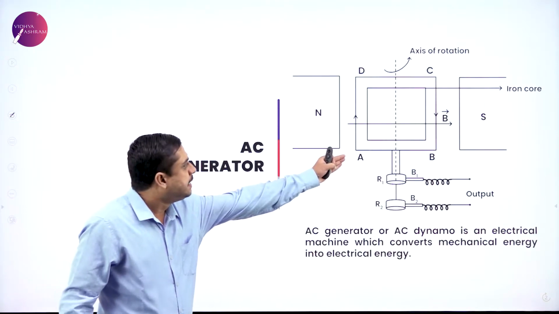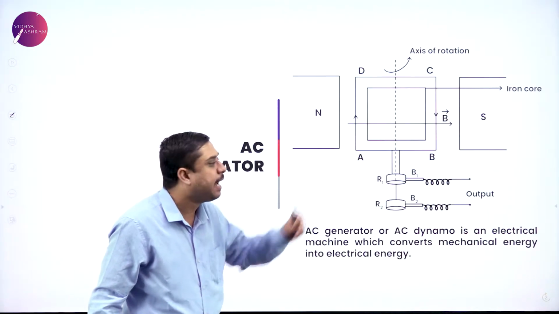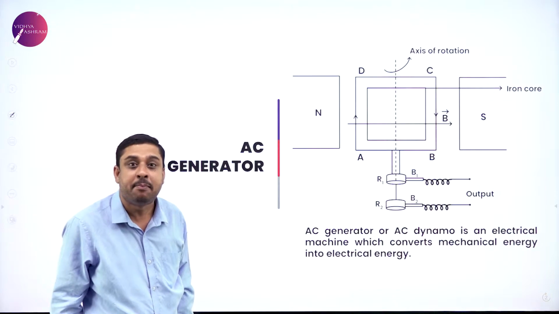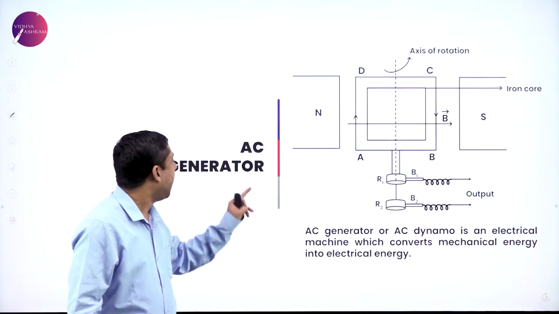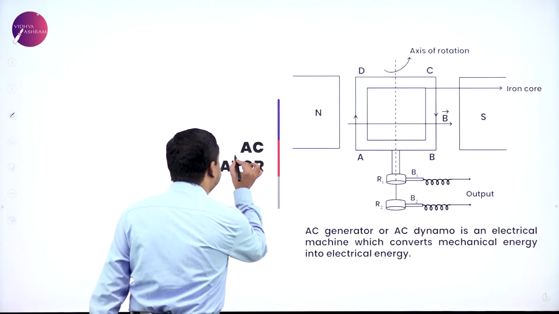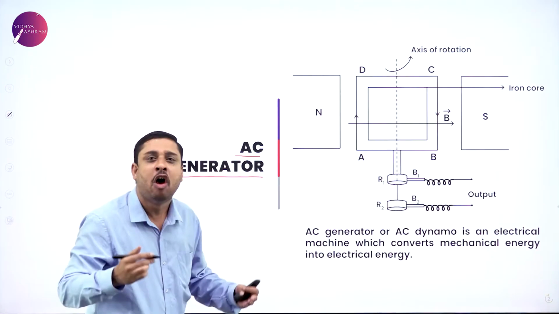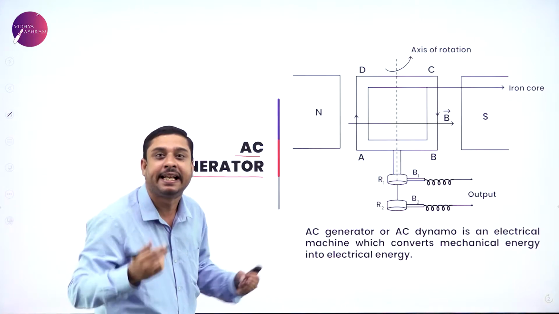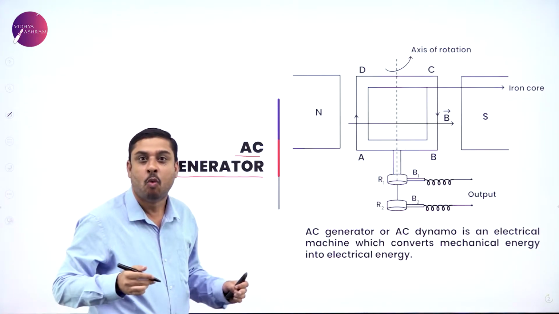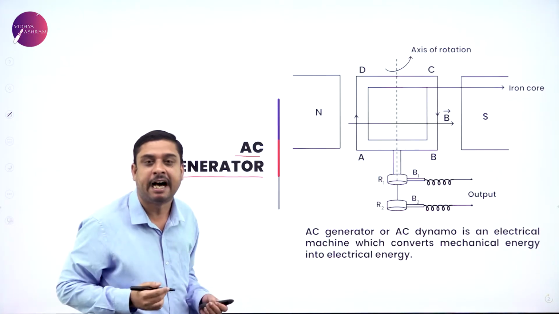Now, this is the diagram depicting an AC generator of alternating current. What is alternating current?